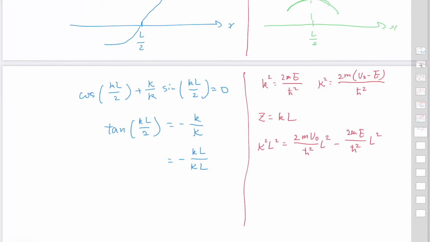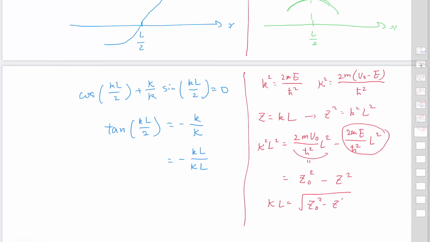If you introduce a new variable g₀, so if you substitute, this is g₀² minus g². This corresponds to g² because g² equals k²L². So κ²L² is g², and this is g₀². So κL equals the square root of g₀² minus g².